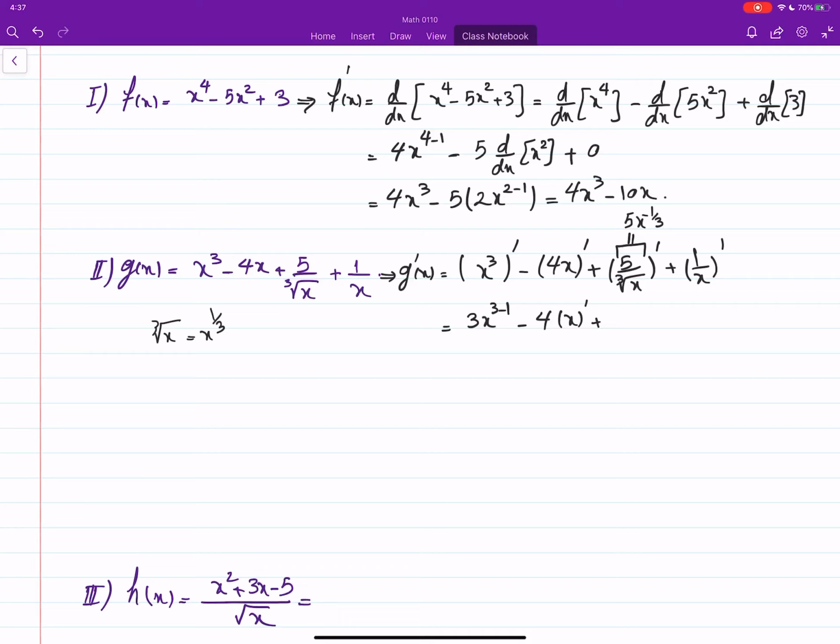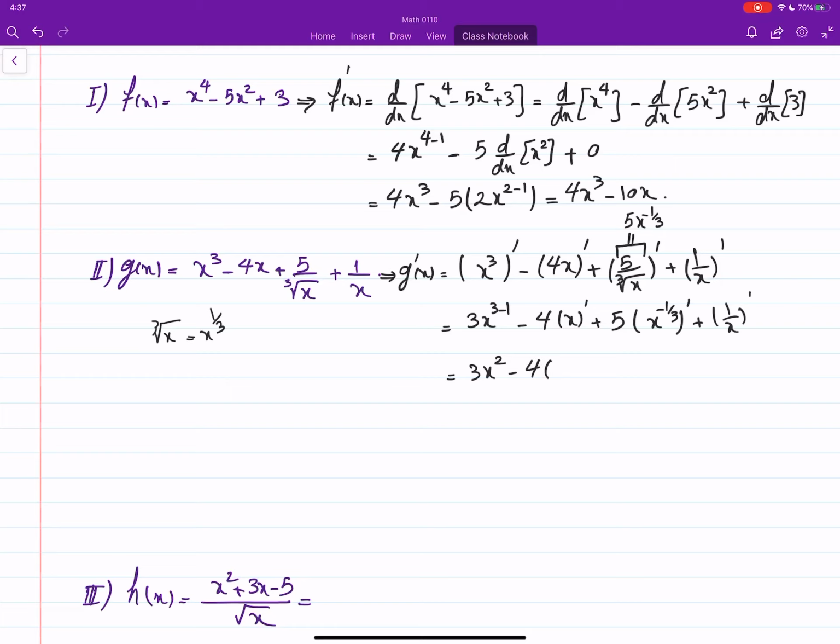And since we are trying to find the derivative of that, 5 comes out as the constant multiple rule. And we have to find the derivative of this one. And then we have the derivative of 1/x. 3x squared is this piece, minus the derivative of x. You can see it as x to the power 1 and apply the power rule.